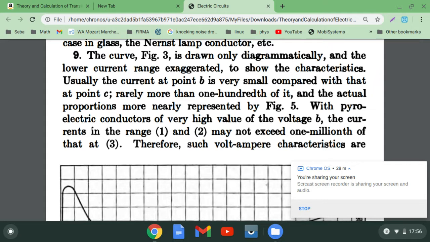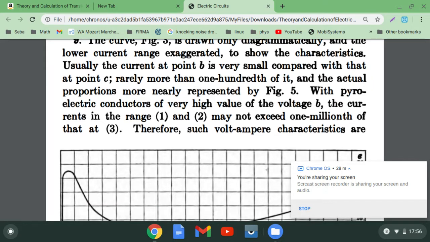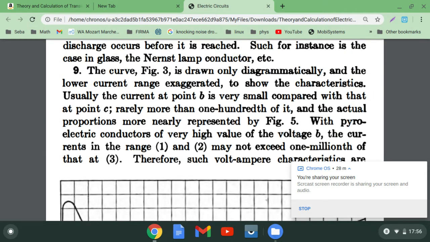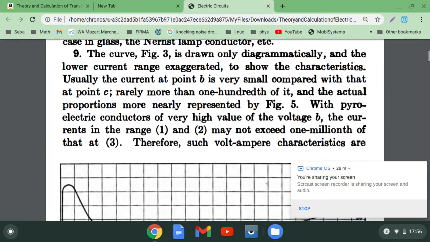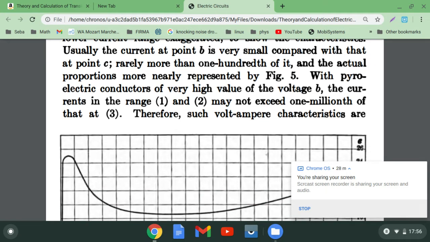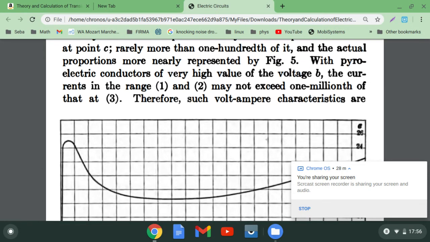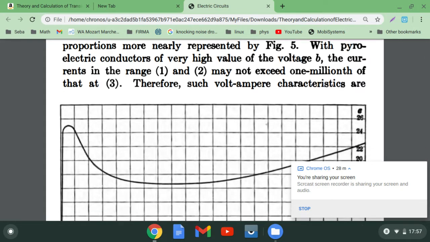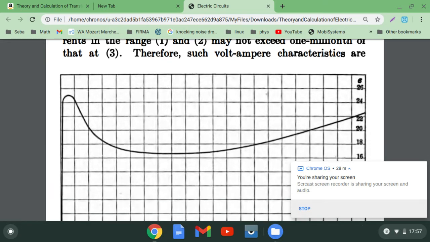The curve figure 3 is drawn only diagrammatically and the lower current range exaggerated to show the characteristics. Usually the current at point B is very small compared with that at point C, rarely more than 1/100 of it, and the actual proportion is more nearly represented by figure 5. With pyroelectric conductors of very high value of the voltage B, the current in range 1 and 2 may not exceed 1 millionth of that at 3.